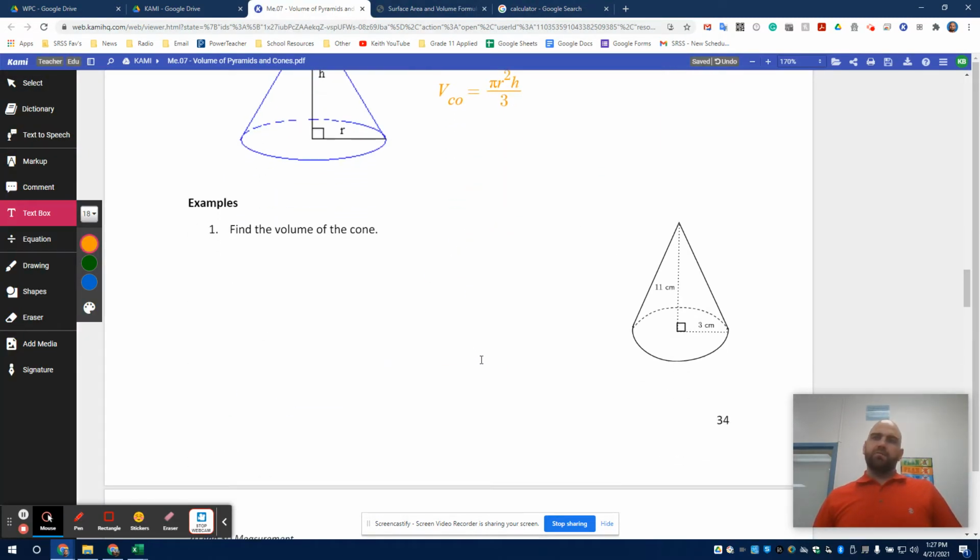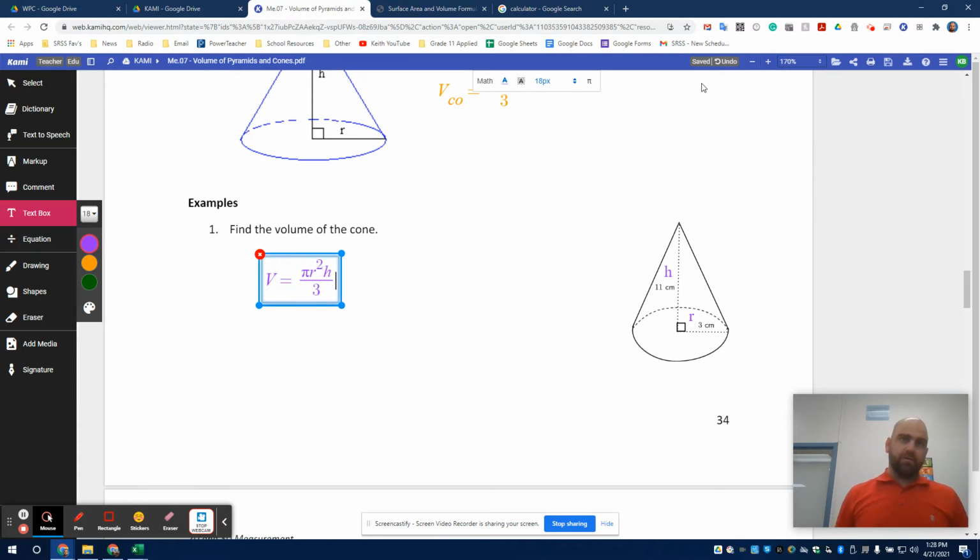So let's find the volume of this cone right here. We are given the height, and let's put that in there. This is the height, and this is the radius, which is perfect because that's exactly what we need. We need the height and the radius. So our volume formula for a cone is pi r squared h divided by 3.